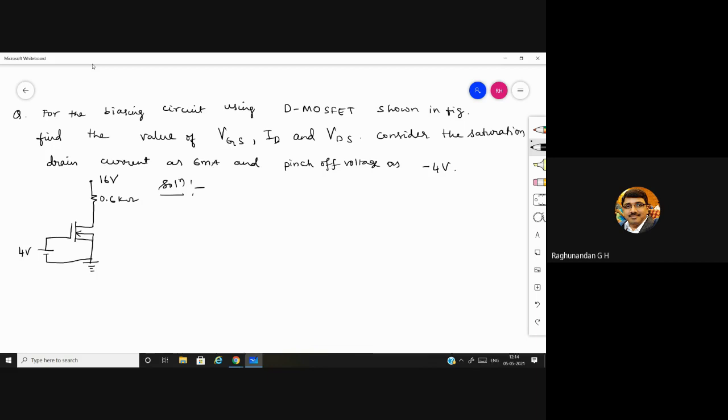Yeah. So now coming to this circuit, first let us list out what all is being given. So RD is equal to 0.6 kilo ohm, VDD is equal to 16 volt, VGS is equal to -4 volt, and we are having IDSS is equal to 6 milliamp, and we are having VP is equal to -4 volt.